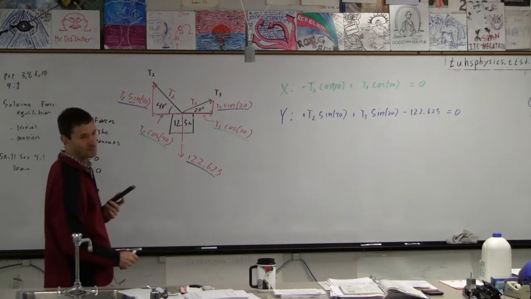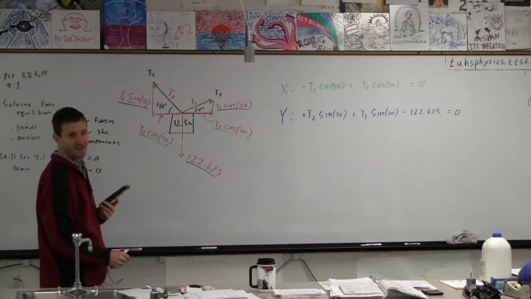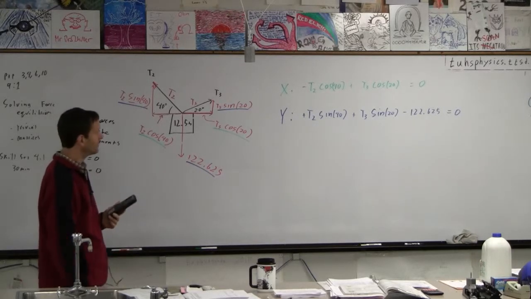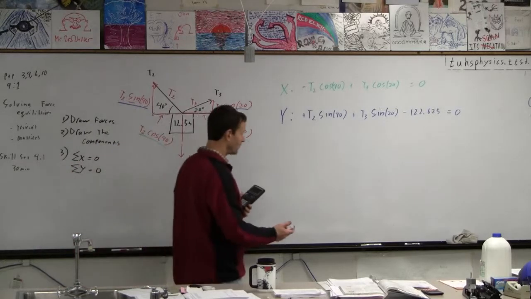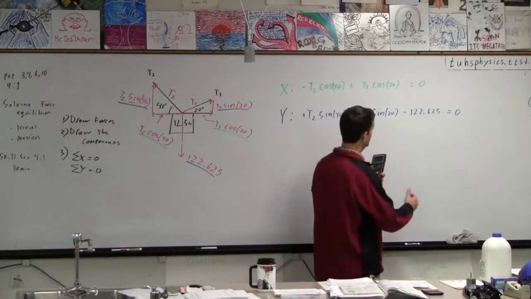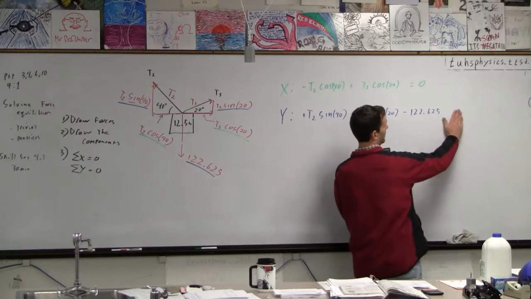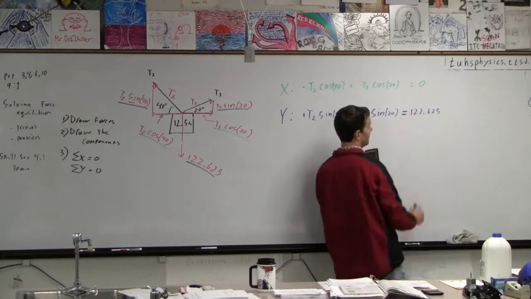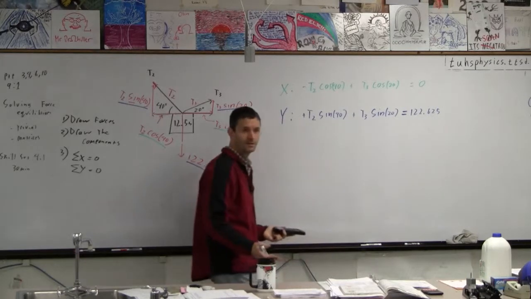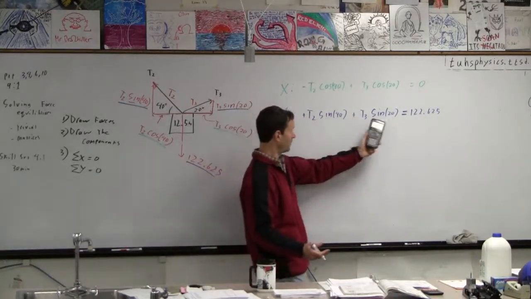And then this doesn't look like much fun to solve, does it? I don't see anything here that's going to help us except for just solving it, right? Okay. So what I'm going to do is rewrite this way. That's the same thing, isn't it? The forces up equal the forces down.